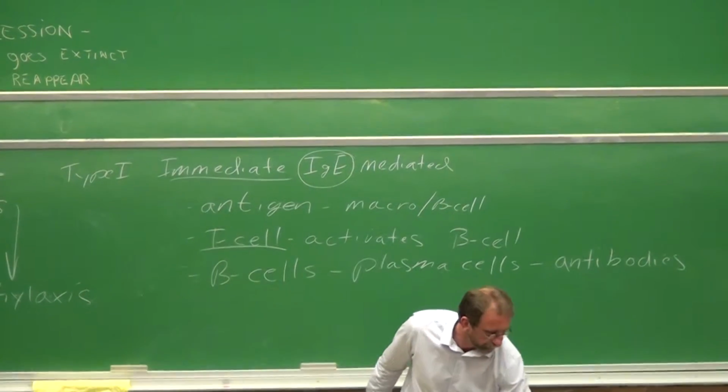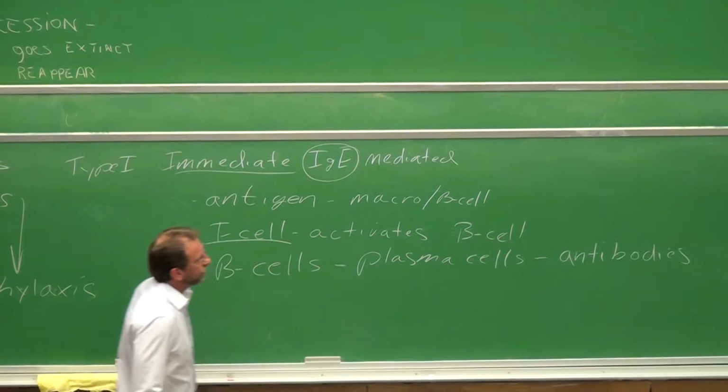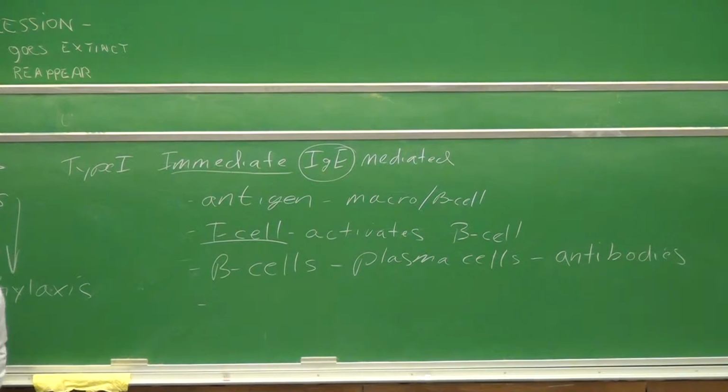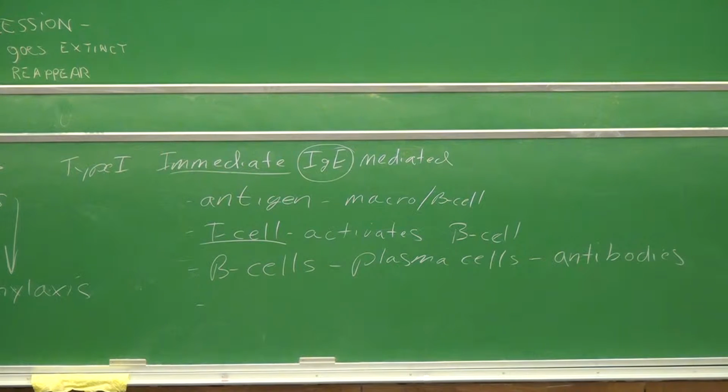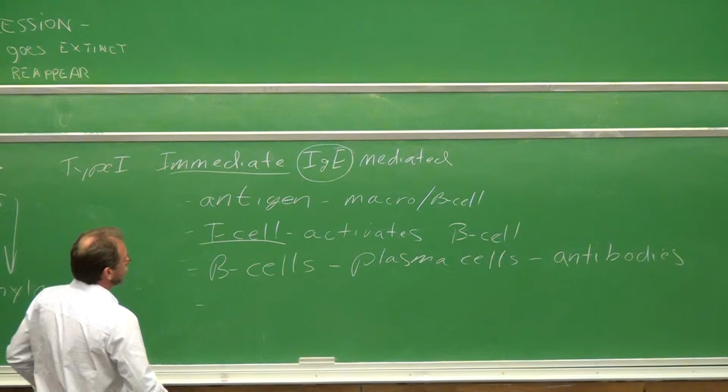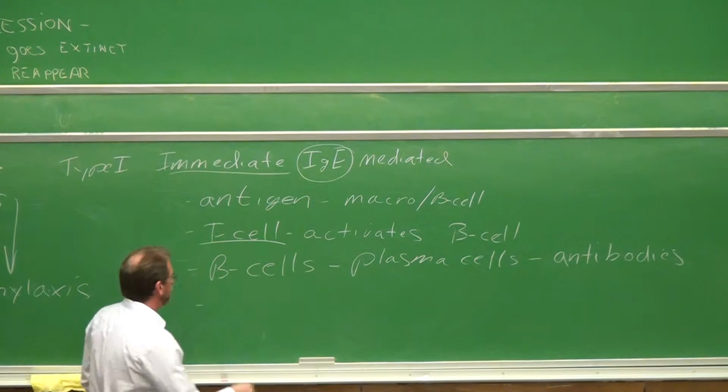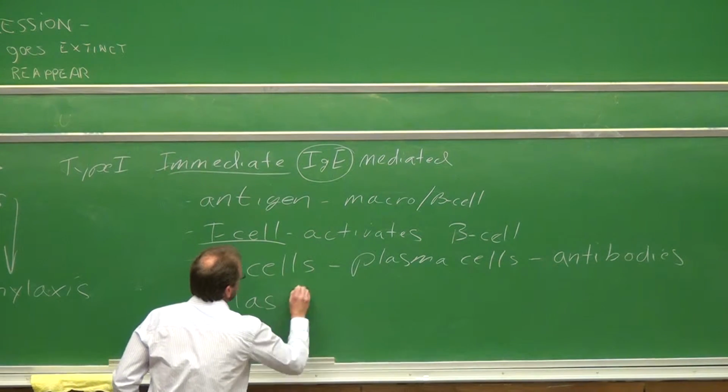Now here's the thing. These antibodies that are produced, they bind to a special white blood cell that we have also in those tissues behind the mucous membranes. They're called mast cells.